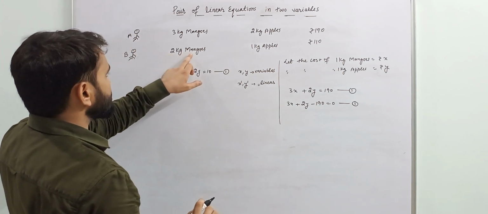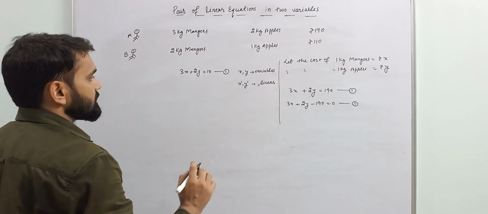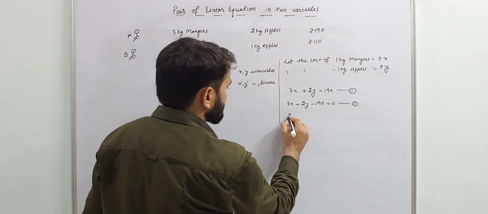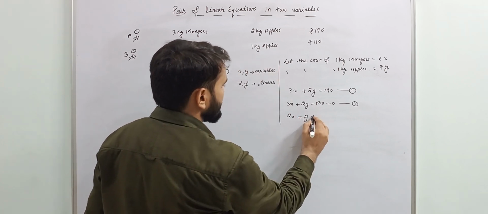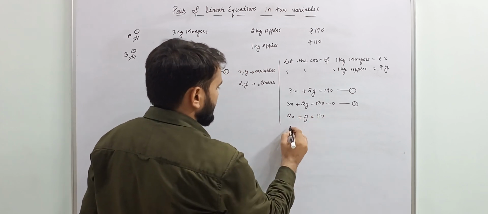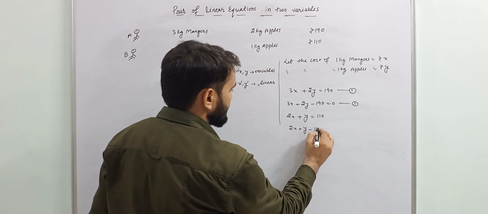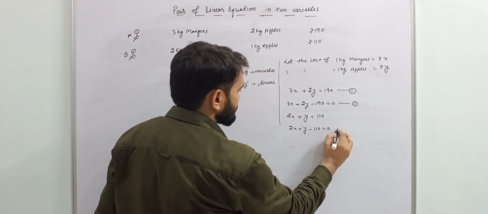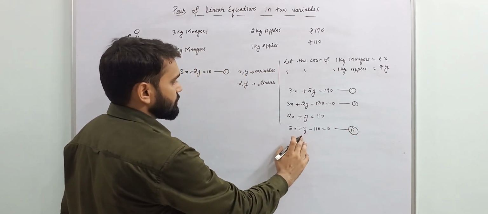Here 2 kg mangoes and 1 kg apples together cost 110 rupees. So 2 kg mangoes cost 2x rupees and 1 kg apples cost y rupees, and together they cost 110. And if I write it as 2x plus y minus 110 equal to 0, this is called a linear equation in two variables.